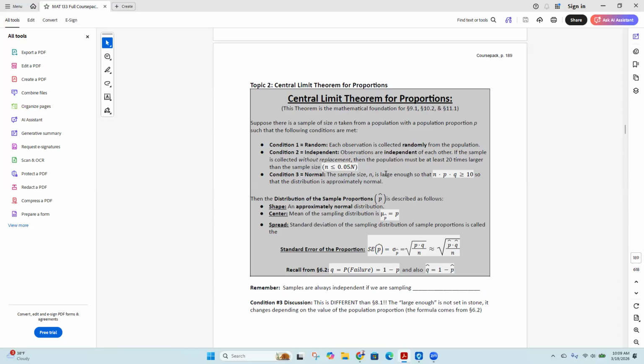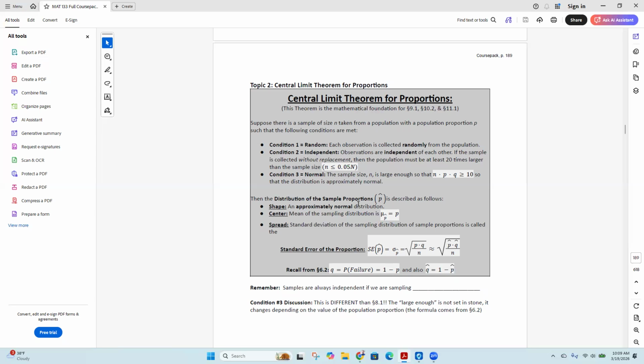And when I do my sample, as long as it meets certain conditions, I can use the central limit theorem to say that the shape of that distribution is going to be approximately normal. The same thing will apply whether we are talking about means or probabilities. That's why we're going to interchange these a lot. But as you're working through these problems, always pay attention to whether you are looking at means or probabilities.